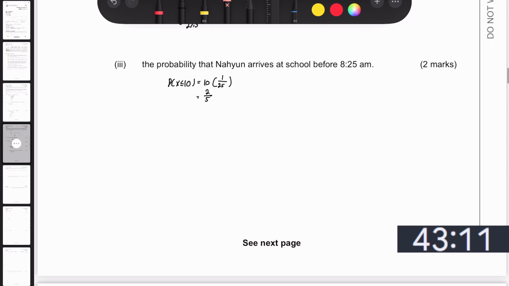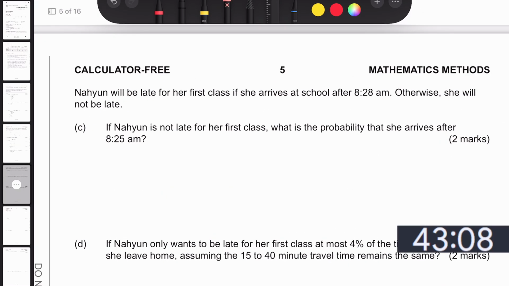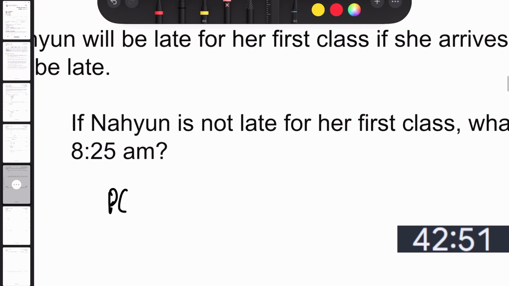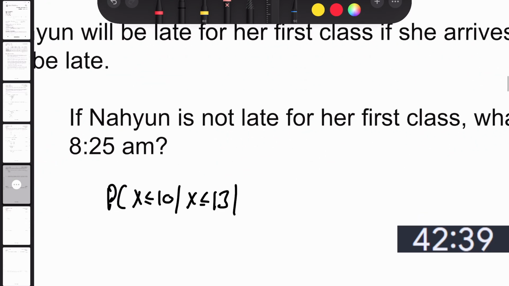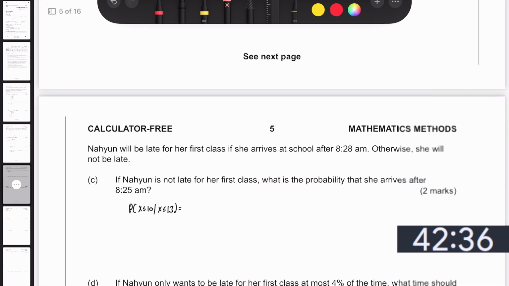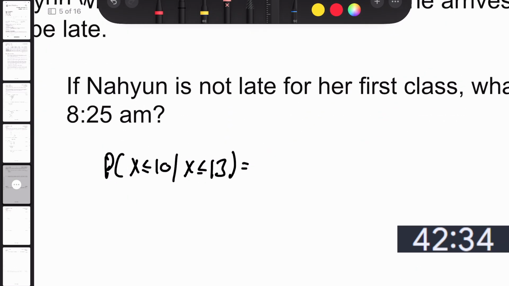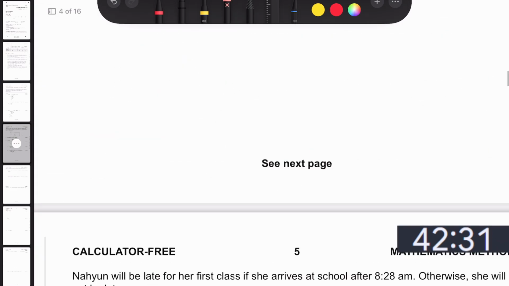Just divide by 5. Now will be late for her first class if she arrives to school after, otherwise she will not be late. If she is not late for her first class, what's the probability she arrives after 8:25 p.m.? So probability that X is less than or equal to 10, given X is less than or equal to 13. It's going to be equal to, now the probability that it's less than 10 and less than 13 is just going to be the probability it's less than 10.